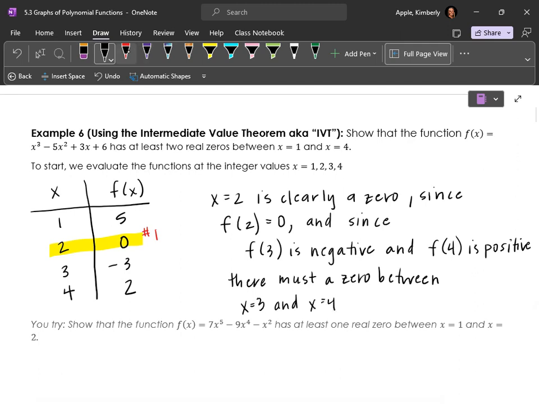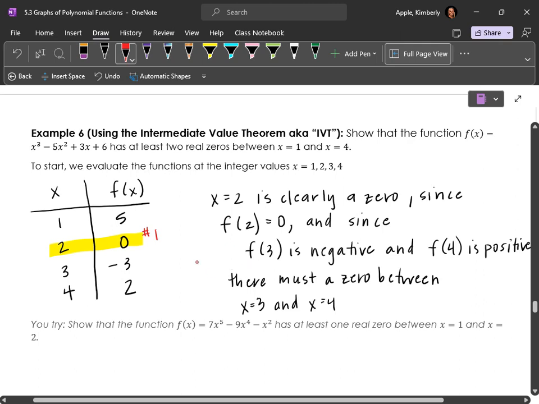And so the other really important piece that you can't leave out here is we want to insert here by the IVT. We have to cite the theorem that tells us that as justification.